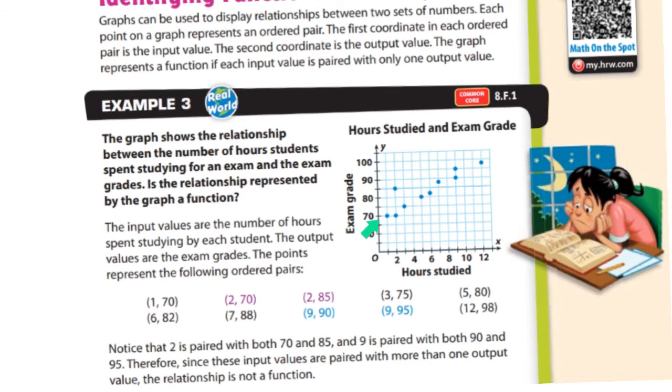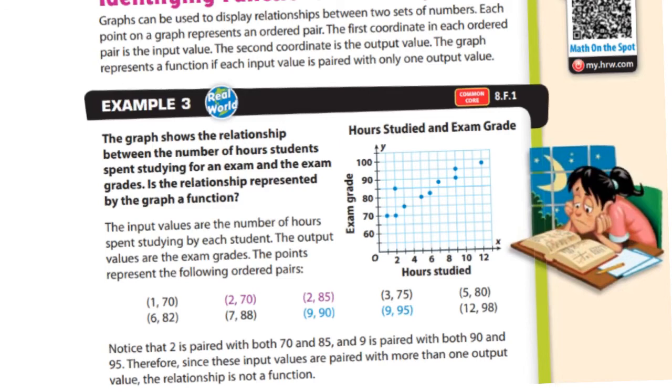Each one of these points was written down. So here's 1, 70, 2, 70, 2, 85, etc. So each of these points was placed down in ordered pairs. And then you examine the input.